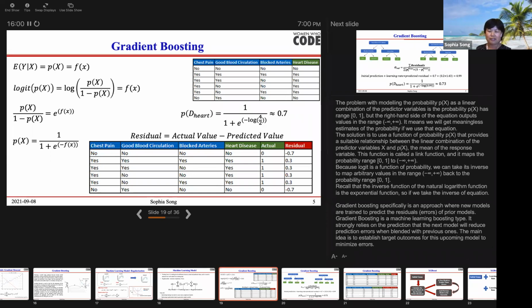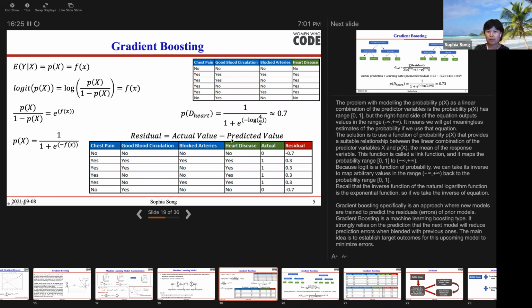That's the initial guess. For any new person coming, we can give the initial guess, say 70%, that you may get heart disease. Based on this initial guess, we can get the residual. Actually the gradient boost's prediction is this residual. The residual is the actual value minus the predicted value.